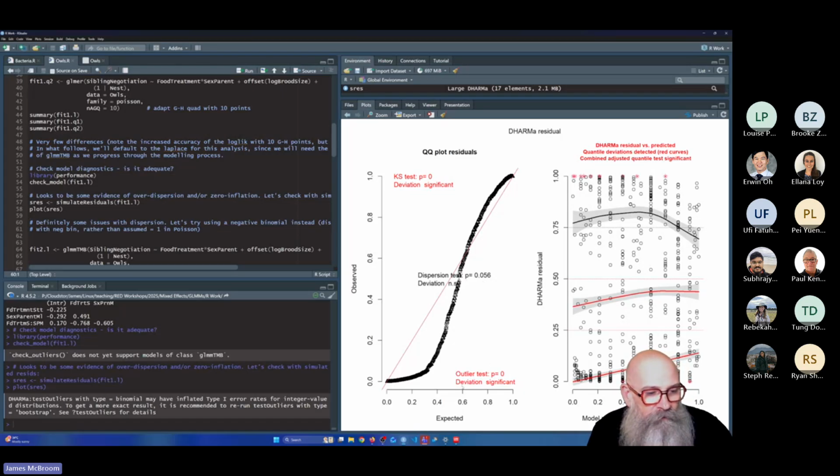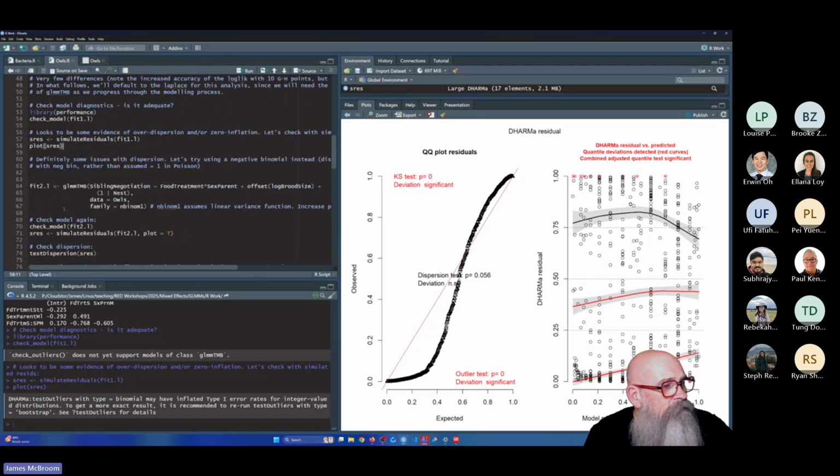And then there's an outlier test. Given that the residuals don't align with what we're expecting, don't pay much attention to the outlier test at the moment, because it's just picking up the fact that we've got a ton of zeros down the bottom. So we need to fit another model accounting for these things.